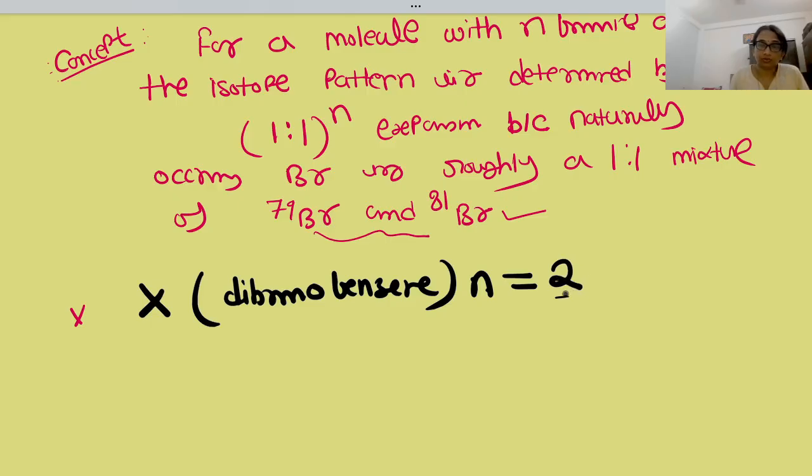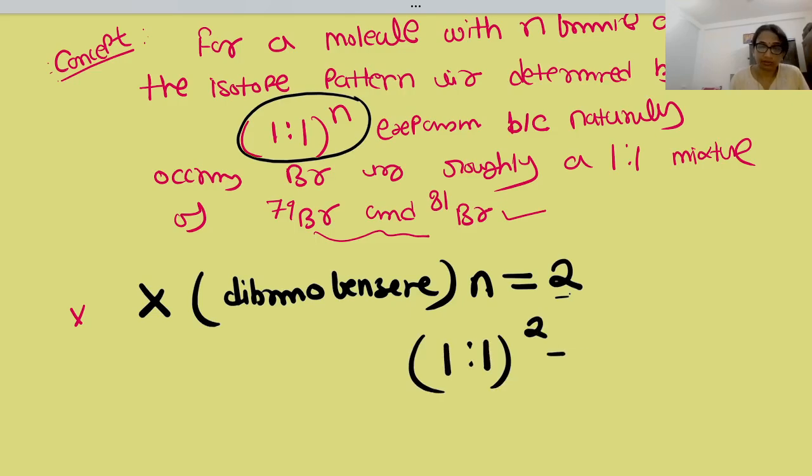Putting this value in the formula, (1 : 1) squared because the number of bromine atoms is 2 in dibromobenzene. Solving this, we get 1 : 2 : 1.